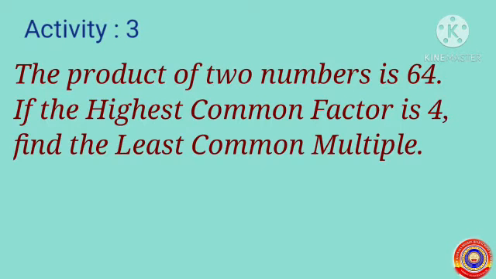Next, activity number 3. The product of two numbers is 64. If the highest common factor is 4, find the least common multiple. Here, the product of two numbers and their HCF is given. We have to find out the LCM of these two numbers.